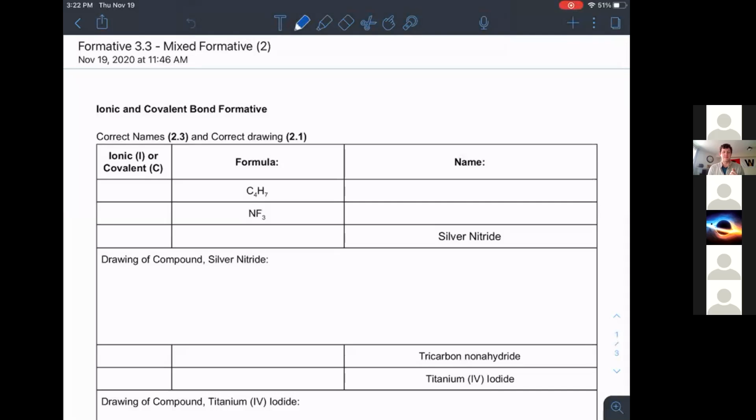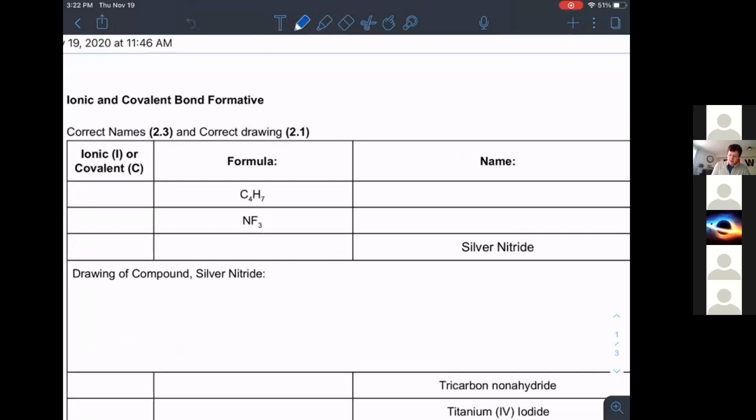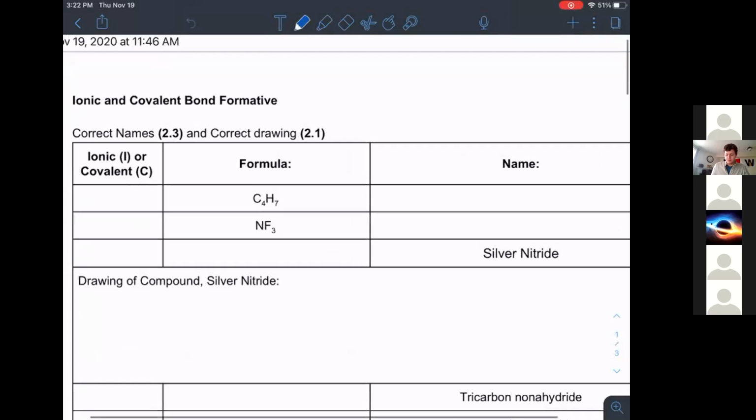you don't understand something. So if we're looking at this first one, we have a covalent compound because it is two nonmetals. So it's going to be covalent. And we're looking at carbon and hydrogen. So if it's covalent, we have to remember that we do include prefixes for both our elements. And so that means we have 4.